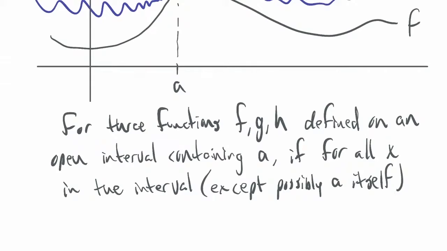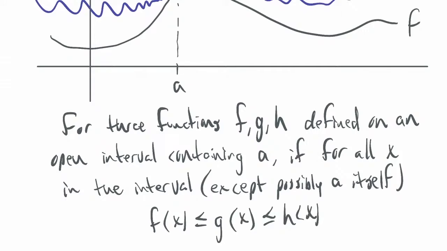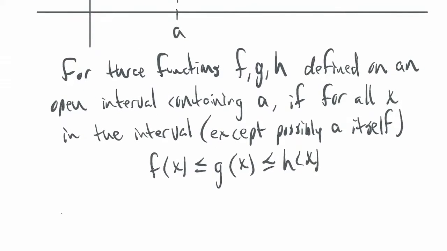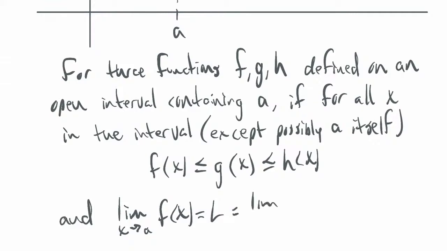If for all x in the interval, f of x is less than or equal to g of x, and it in turn is less than or equal to h of x, and the limit as x goes to a of f of x equals L, some limit, whatever that number is, the limit has to exist, and that's also equal to the limit as x goes to a of h of x.